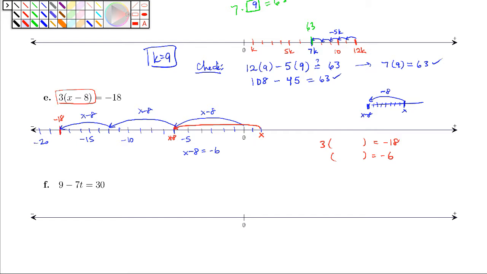Ignoring what is in that parentheses, 3 times some number equals negative 18 means that whatever's in that parentheses has to be negative 6. So the thing in the parentheses is x minus 8. So then that tells you if you subtract 8 from a number and get negative 6, that number must have been positive 2, looking at the number line.